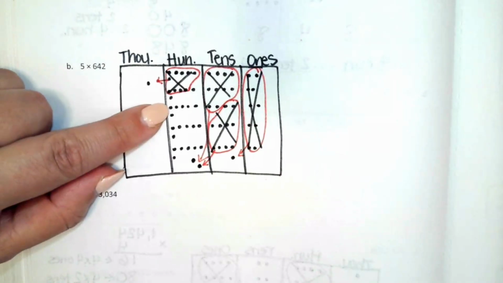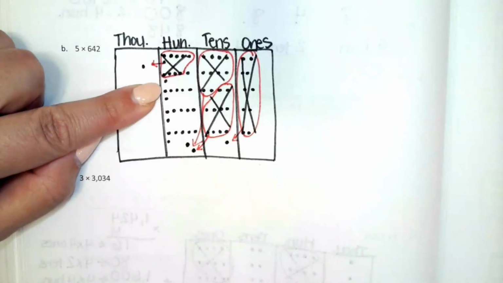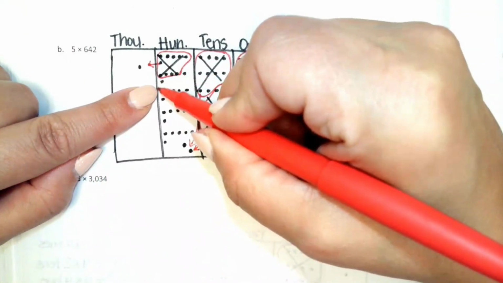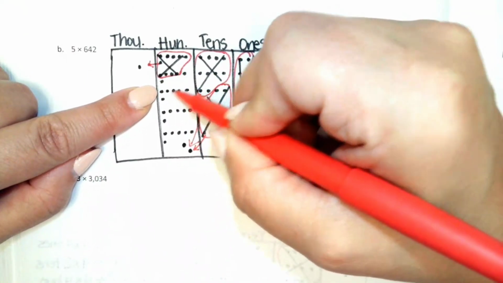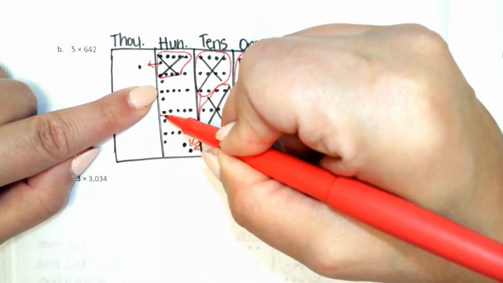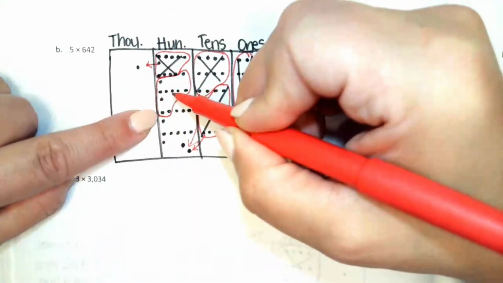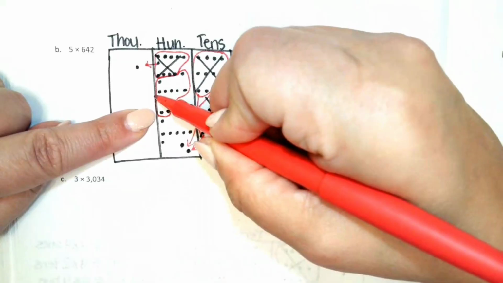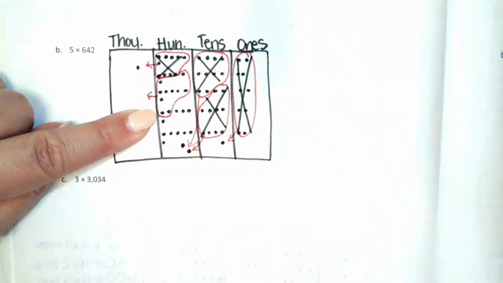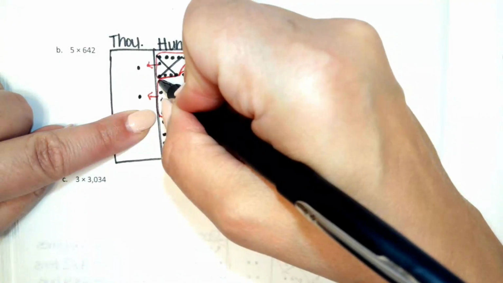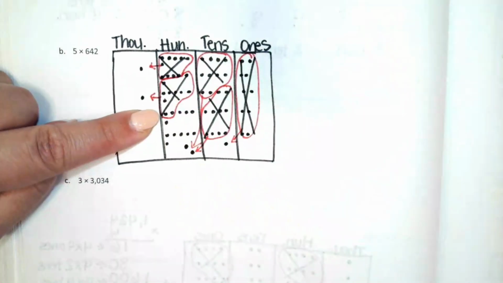Can I do another bundle? Oh yes, there's plenty more. Count 10 more hundreds. Make sure you count carefully. Here's my next bundle of 10 hundreds. 10 hundreds gets composed into 1,000. Now those are composed.